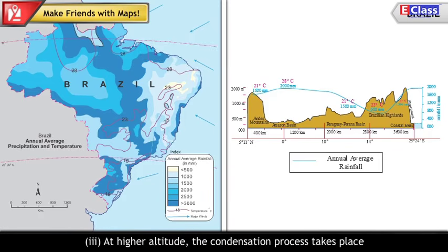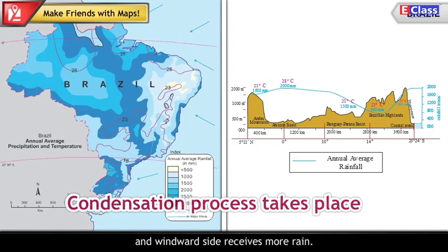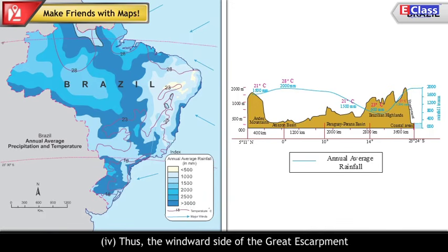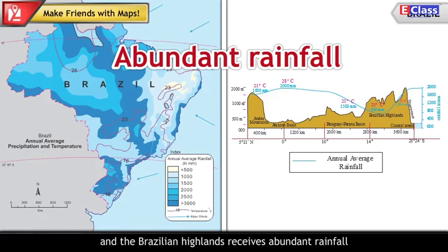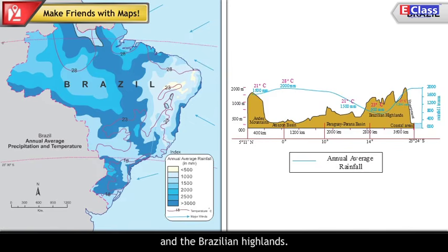At higher altitude, the condensation process takes place and windward side receives more rain. Thus, the windward side of the Great Escarpment and the Brazilian highlands receive abundant rainfall. The rain shadow region is found to the other side of the Great Escarpment and the Brazilian highlands.